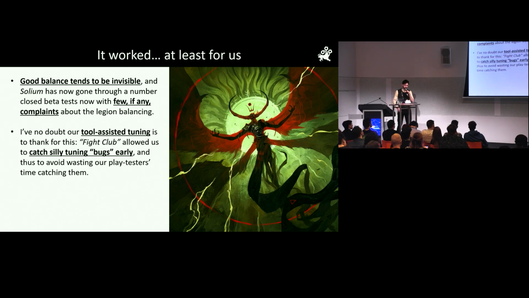And I think that's down to the tooling around the legions. And this is important and useful. You can burn out your testers, right? You can burn them out testing things that aren't very interesting. So ideally, you want to catch all this stuff early. If a mathematical formula can catch it, then have a mathematical formula catch it, rather than wasting QA and playtester time, right?